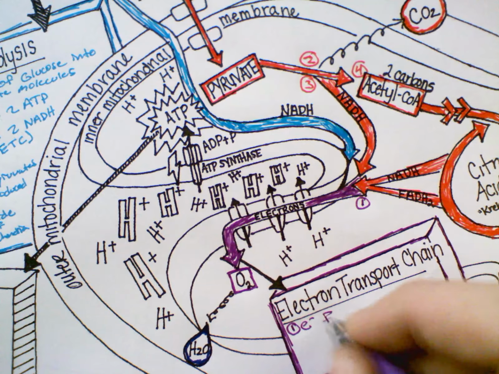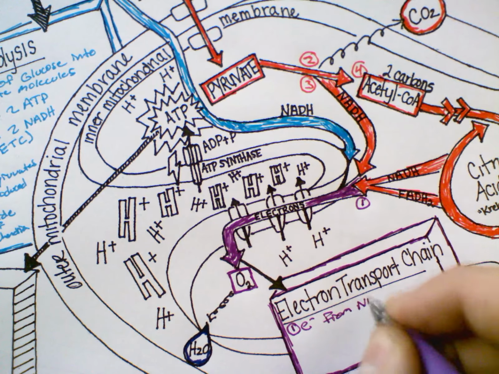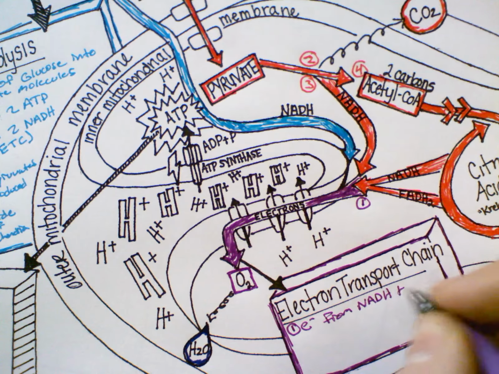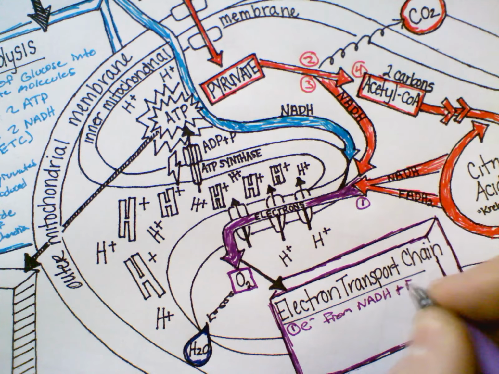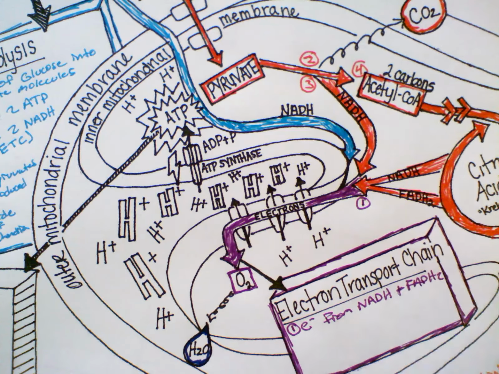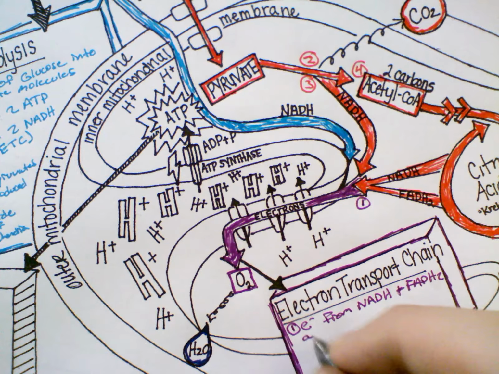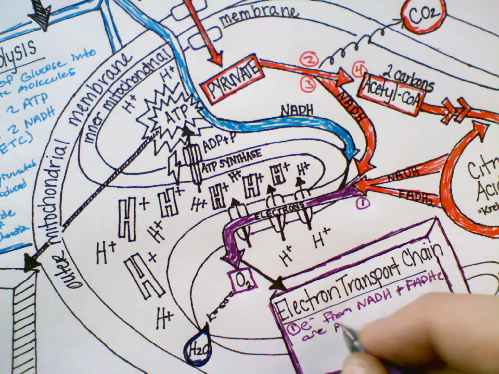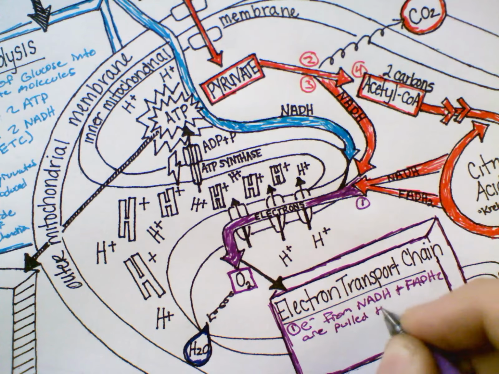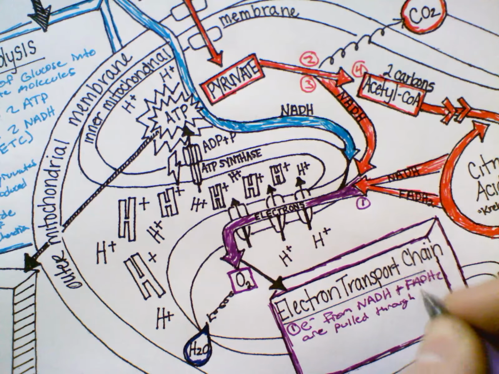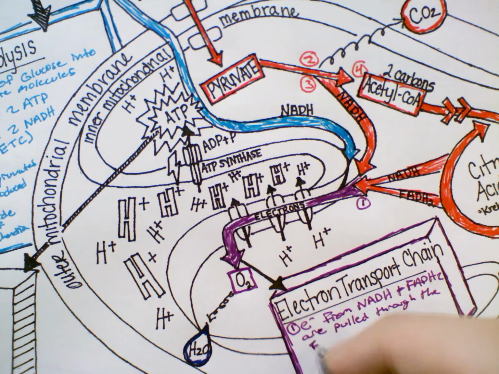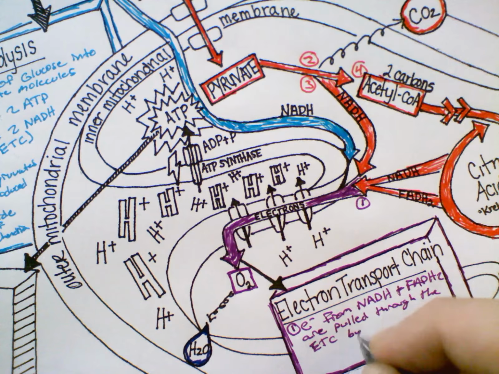Electrons from, I know this is a lot, NADH plus FADH2 are pulled through the ETC by oxygen.